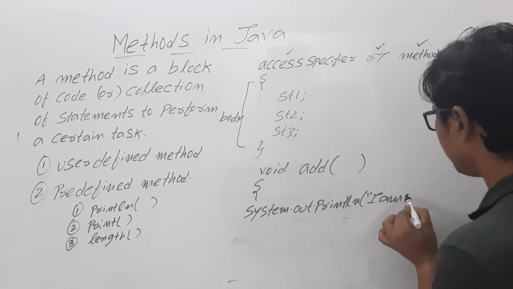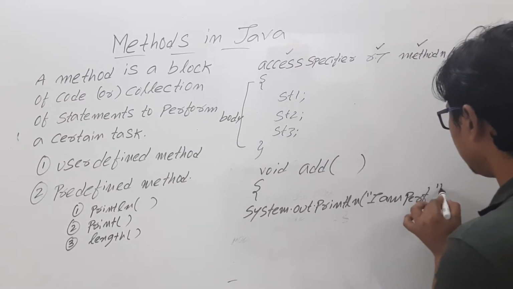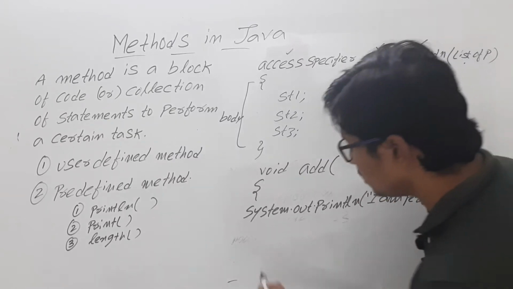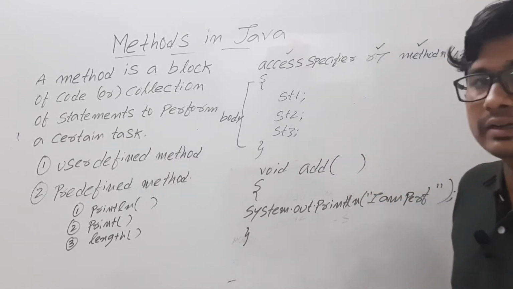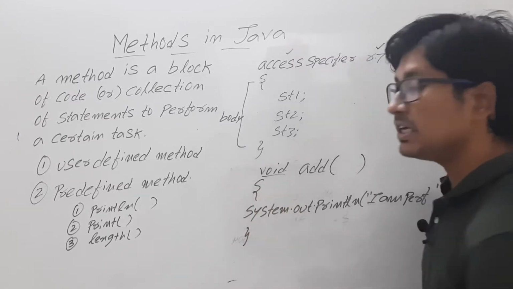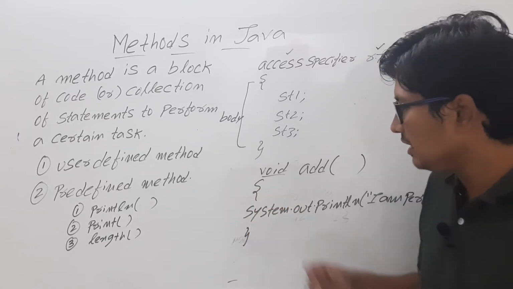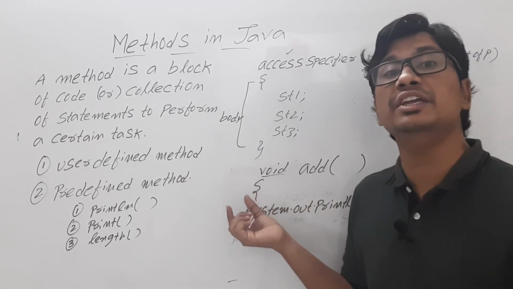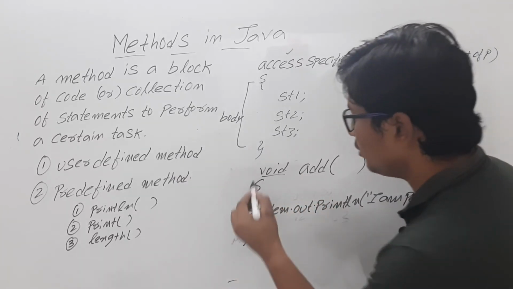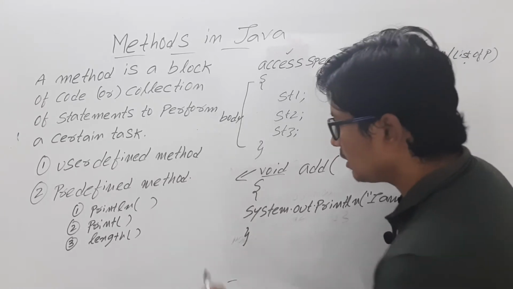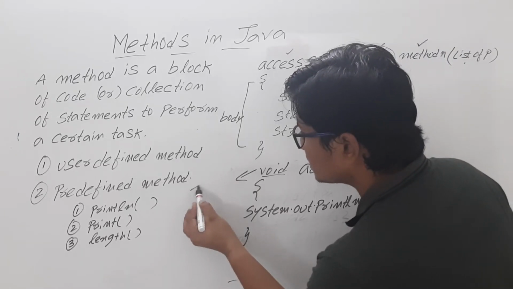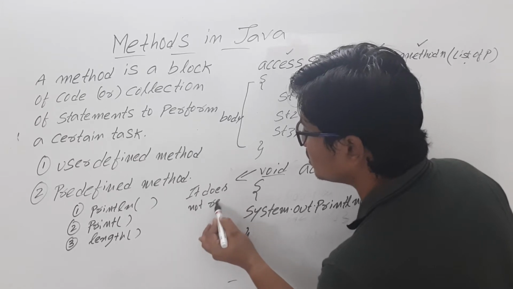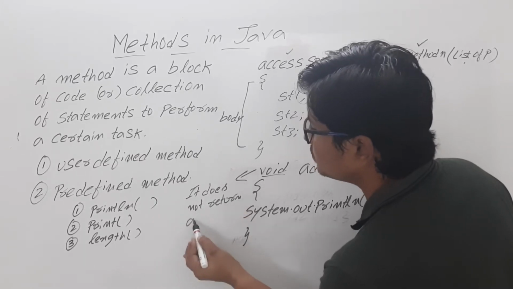Due to space issues I am not writing anything more; you can write whatever you want. Now look here, the return type is void. The return type void means this method does not return any value.